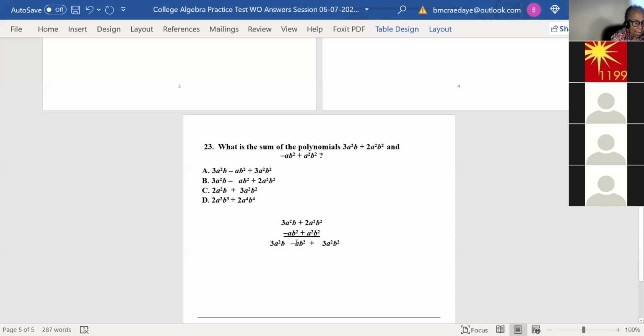Now, what does that look like? 3a squared b squared minus ab squared plus 3a squared b. So that's answer A.